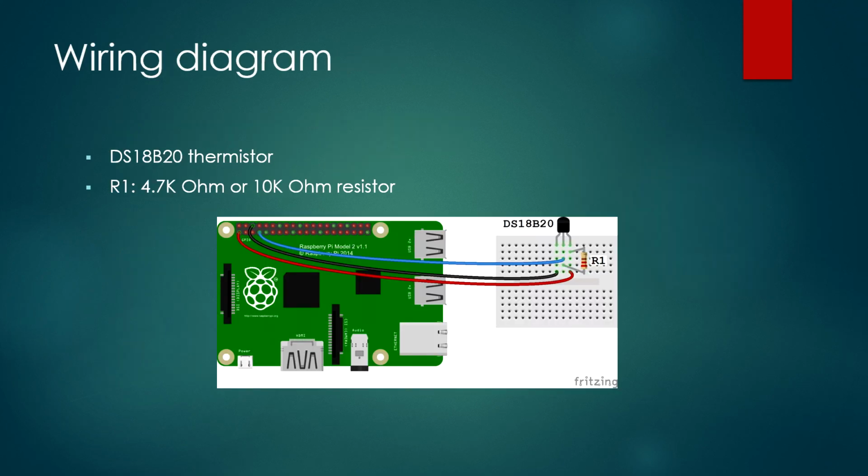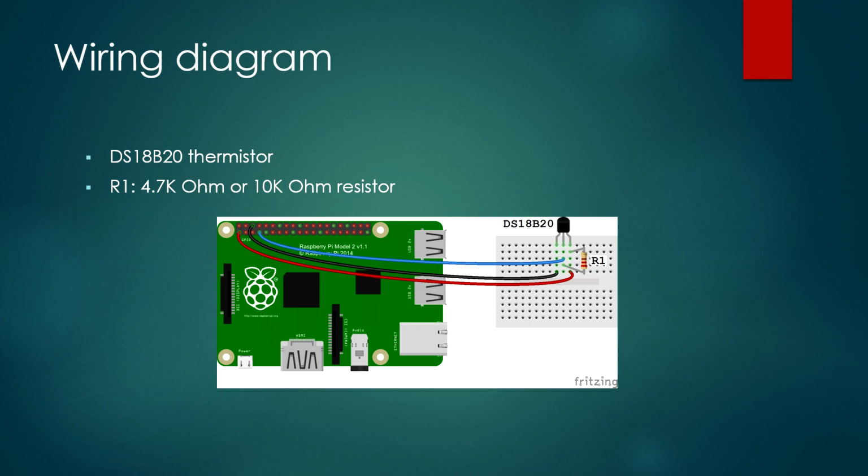Wiring diagram. This wiring diagram is for SSH terminal output. As you can see in this picture, there are few components, 3 wires, a DS18B20 thermistor, and a resistor that is 4.7k ohm or 10k ohm.